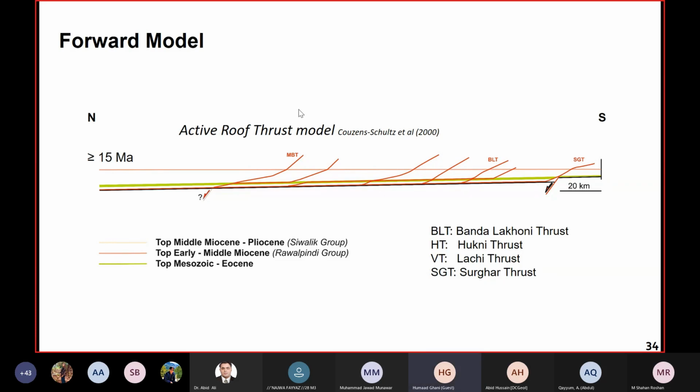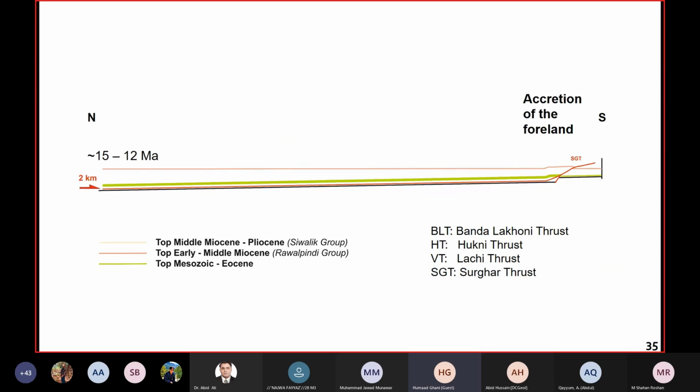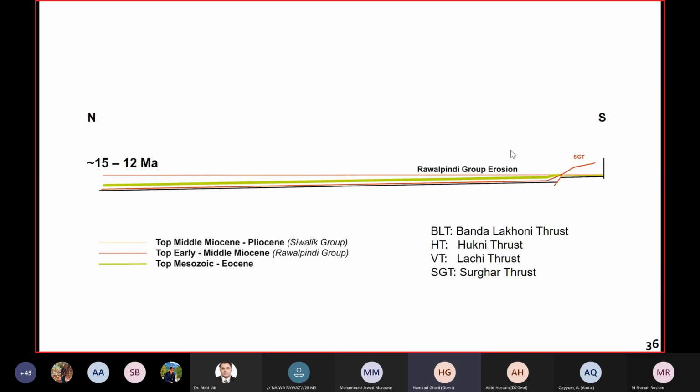So my idea of structure propagation here is an active roof thrust model. This starts with really early development, 15 to 12 million years ago, at the Salt Range, the Surghar range. That was followed at the same time by regional erosion of the Rawalpindi group in the southern part.